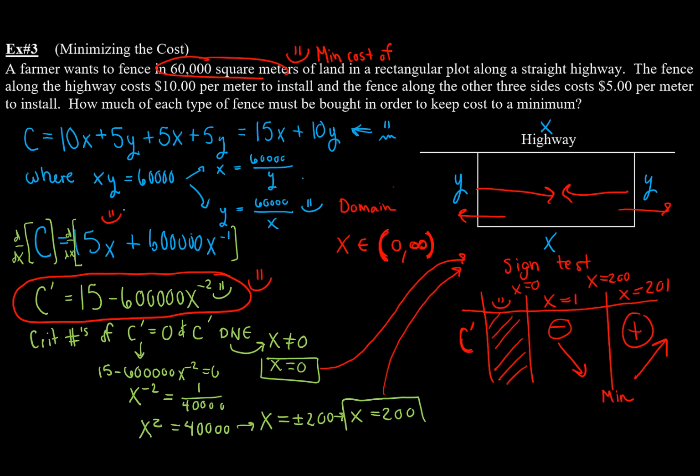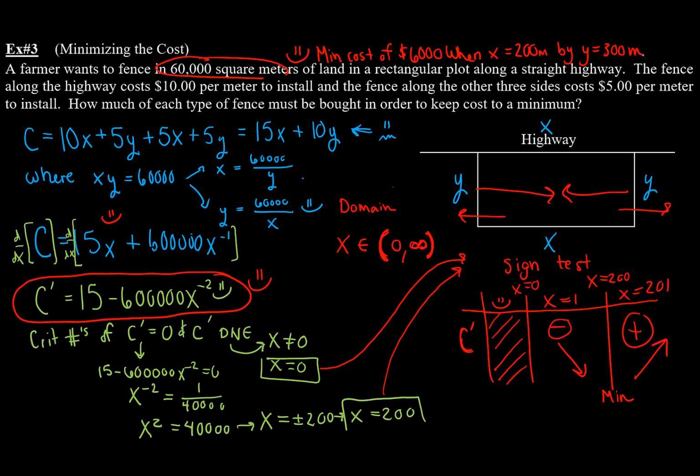So I've got a minimum cost of $6,000 when the dimensions are 200 meters by y equals 300 meters.